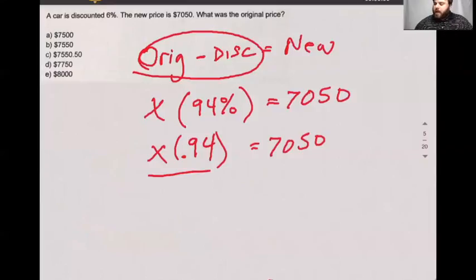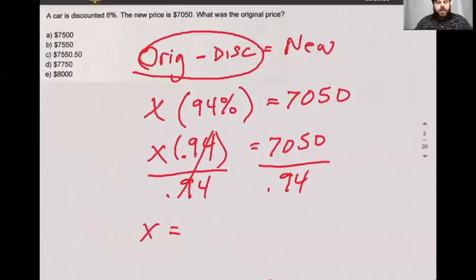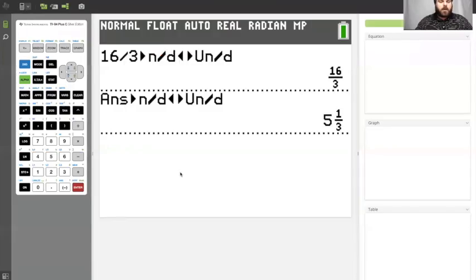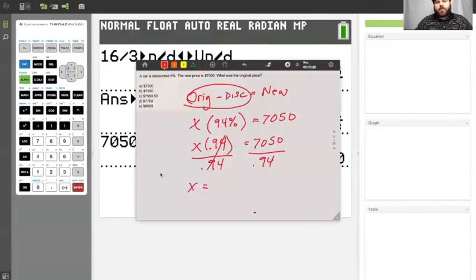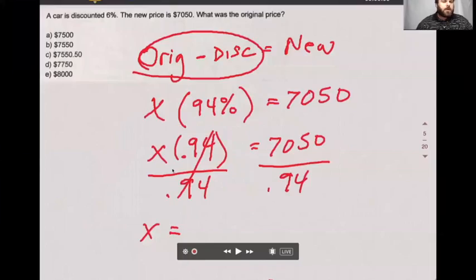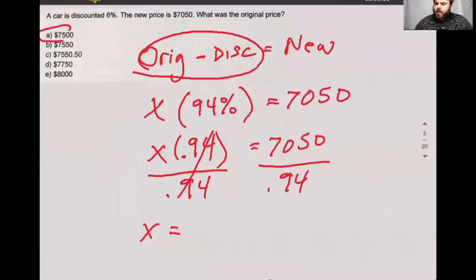So all we got to do is solve for x here. So we're going to divide by 0.94, divide by 0.94, and we get x is 7050 divided by 0.94. So 7050 divided by 0.94 gives us 7,500. So our answer is A. Now, this would have been a good choice where you can work backwards, like that testing strategy we learned in week 2.